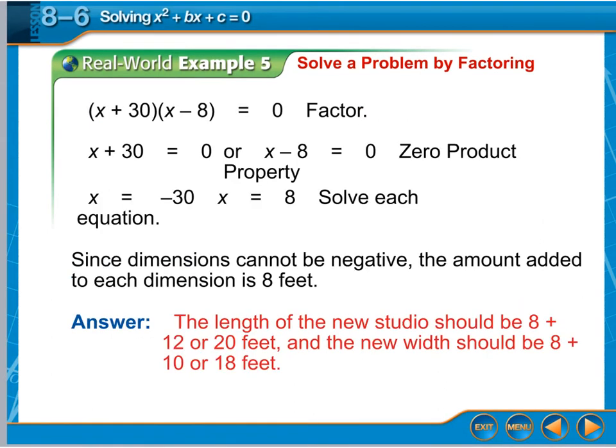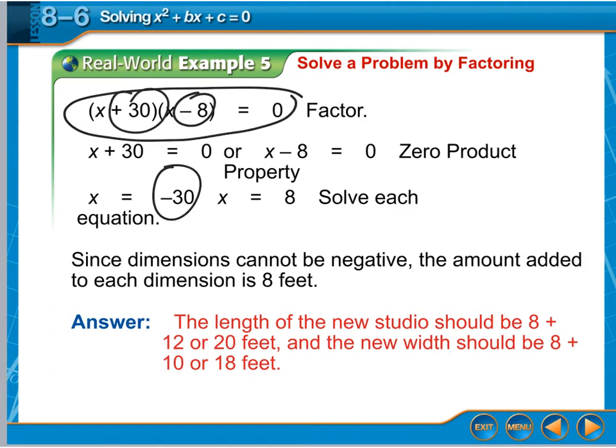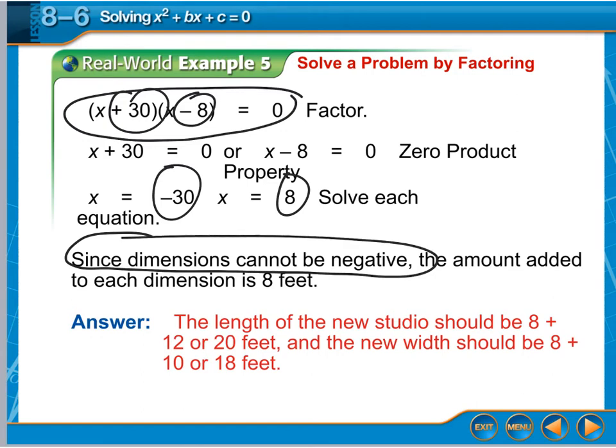All right, so there's more examples here you can look at, but basically, take a look at this again. The opposite of 30 is negative 30, and the opposite of negative 8 is positive 8. Okay, now in this case, read this right here. Since dimensions cannot be negative, negative 30 isn't a good answer, is it? I don't have a negative 30-foot board. There's no way it's going to happen. So if we're talking about some sort of length or dimension or time, you never have a negative answer.